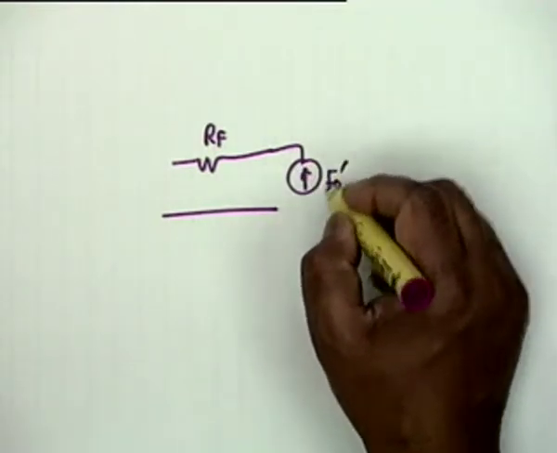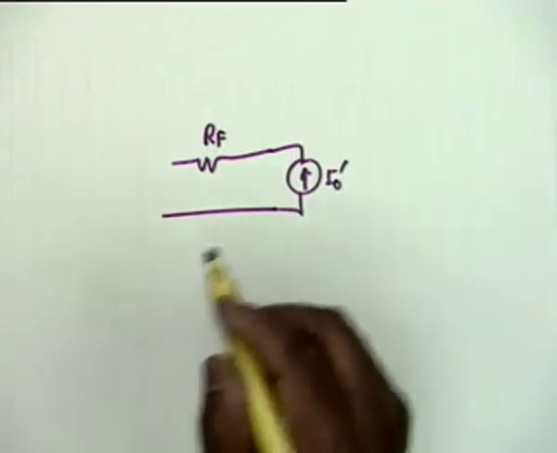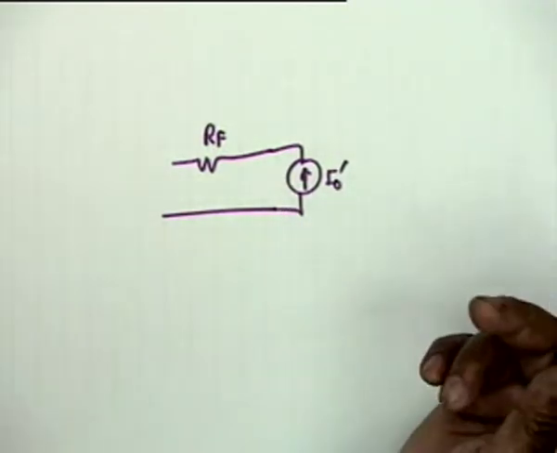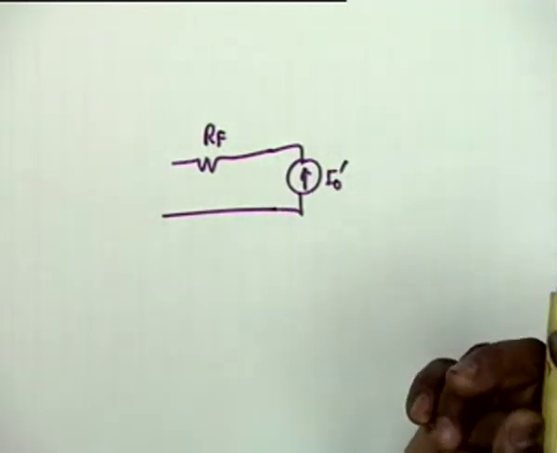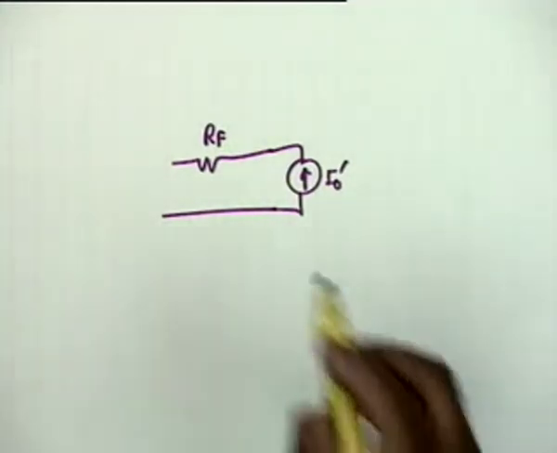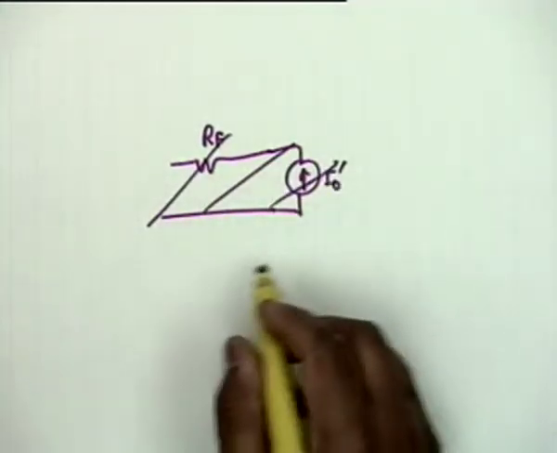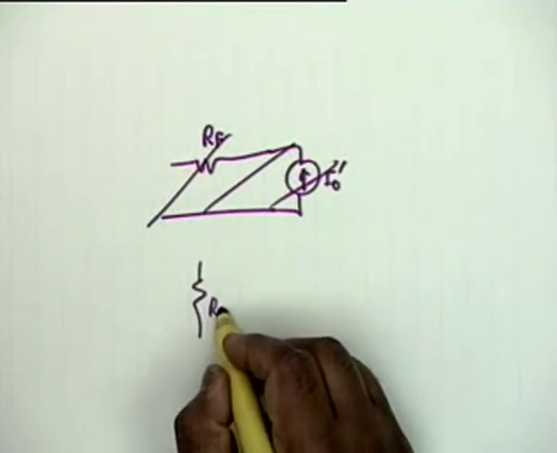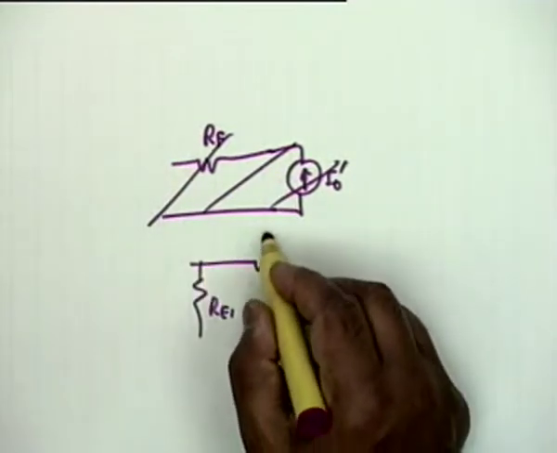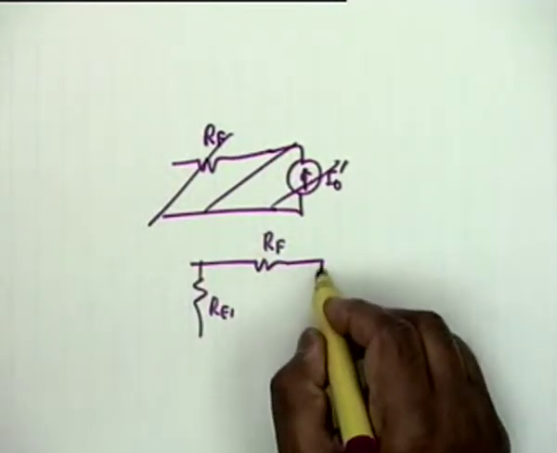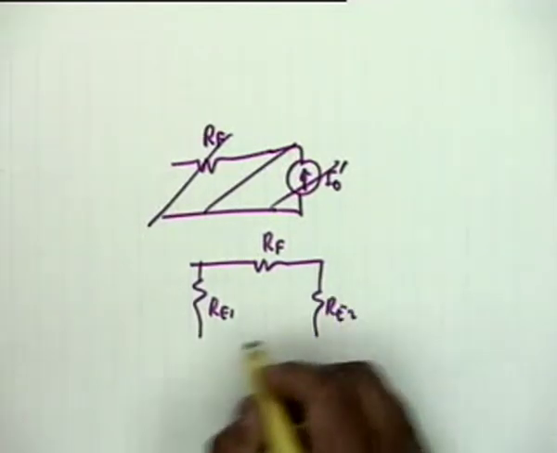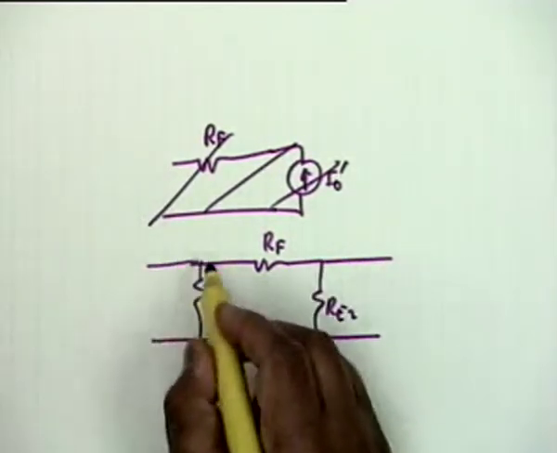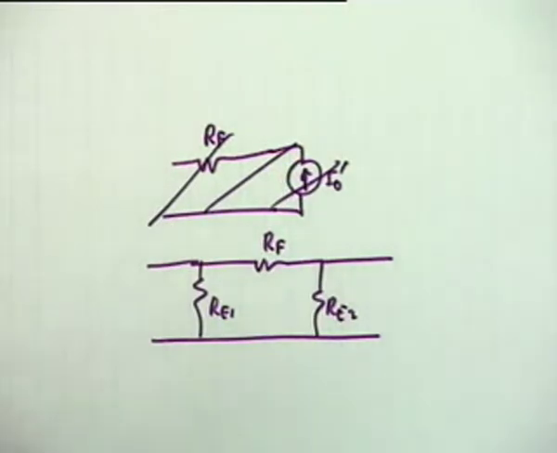Let us call it I0 prime, and I am sorry, that is not the case. The beta circuit is this: RE1, RF, and then RE2. This is the beta circuit. By itself RF will not work. If RE2 is not there, it will not work.